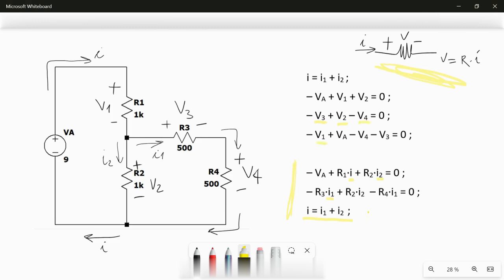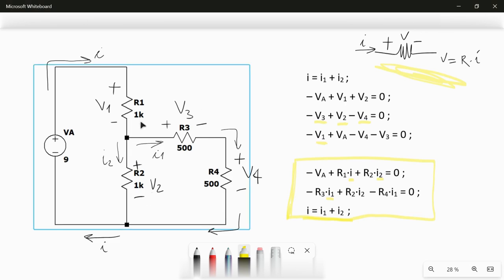So basically, with this system, I will be able to solve my circuit. I hope this tutorial was clear, even if it was a little bit long. And anyway, there is another faster way to solve circuits with meshes, and I will show you how to solve this circuit in a faster way in the next video.